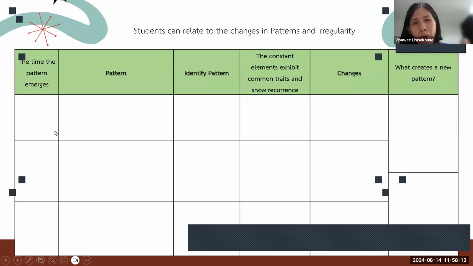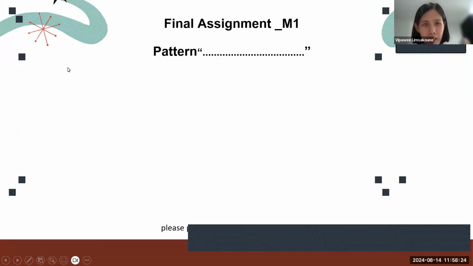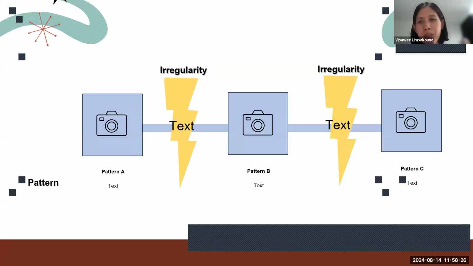The table of analysis will be the same as the activity today, which includes the time the pattern emerged as well. Okay. And there will be a presentation slide which you could use during your presentation on the 4th September.